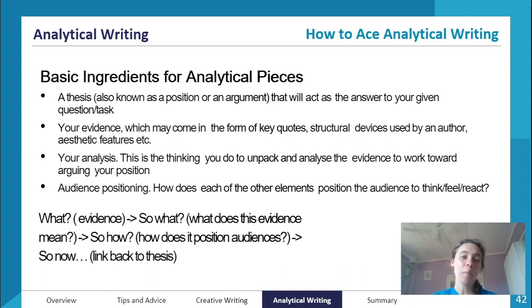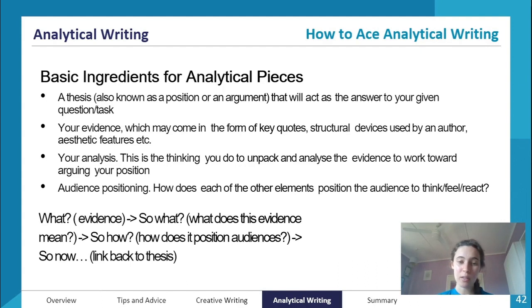Okay, so a bit of a summary of the basic ingredients for analytical pieces. So a thesis, also known as the position or an argument, that will act as the answer to the question or the prompt that you were given.